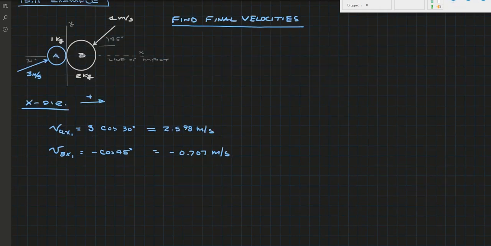Okay, there are no external impulses. We're going to use then conservation of momentum here.